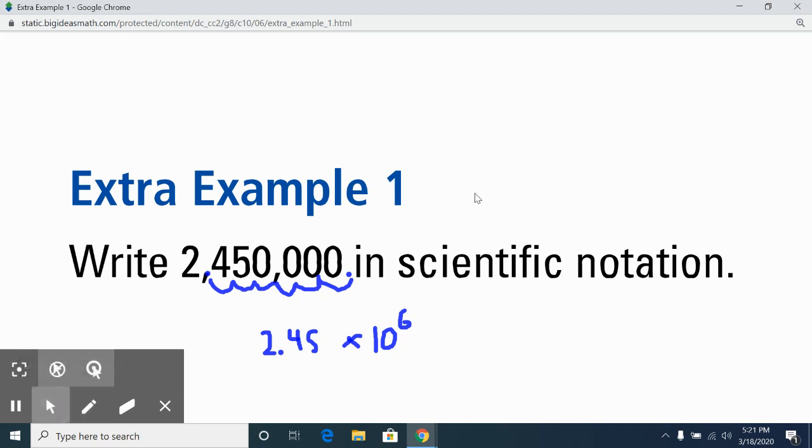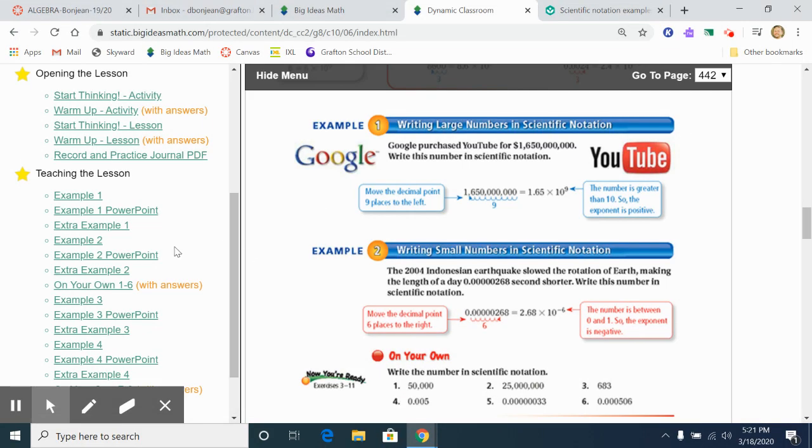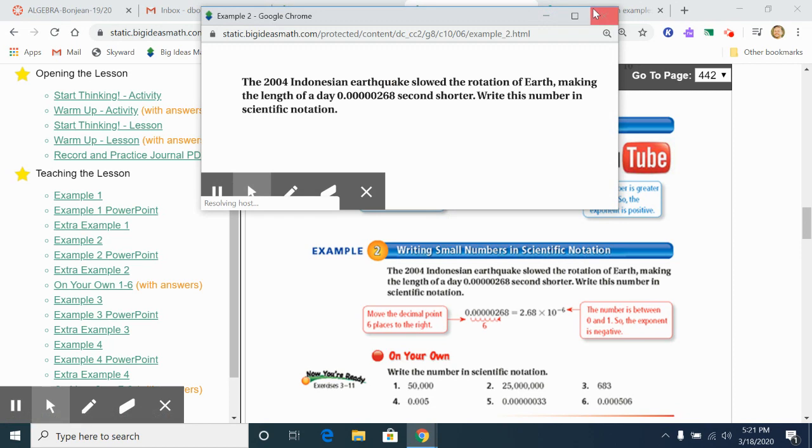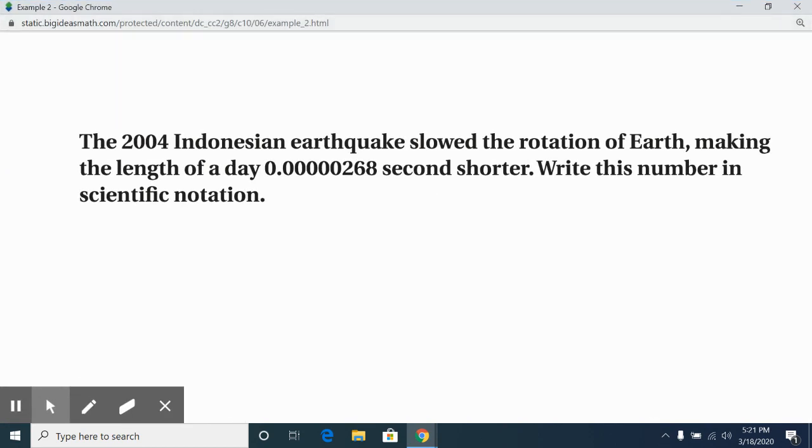Let's move on to doing the same thing, but with smaller numbers. Okay, so in this case, I got this really small number with a bunch of zeros in the front. All right, so hopefully right now you're thinking, since it's a small number I will be representing in scientific notation, I'm going to use a negative exponent, okay?